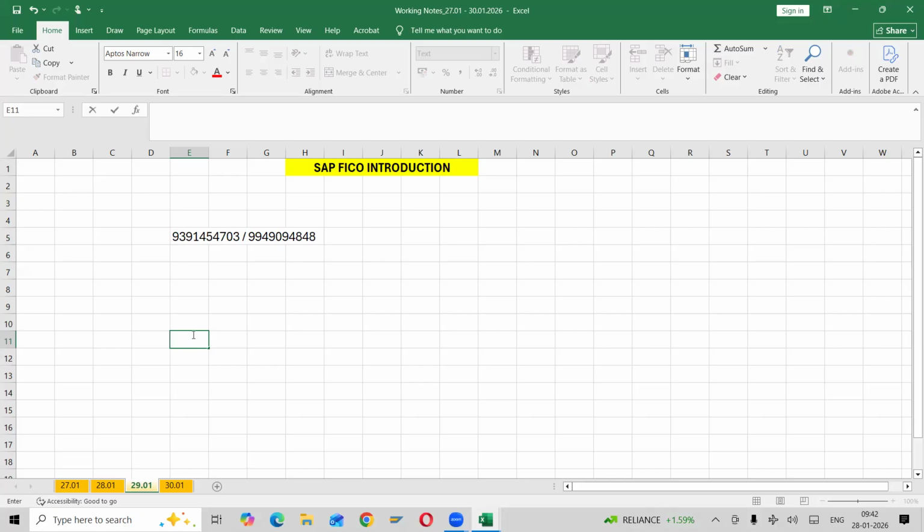Again, I'm reiterating, please create separate email IDs for this particular course. Whenever you want to listen to the recording in future, you need to log in to YouTube with that email ID only.